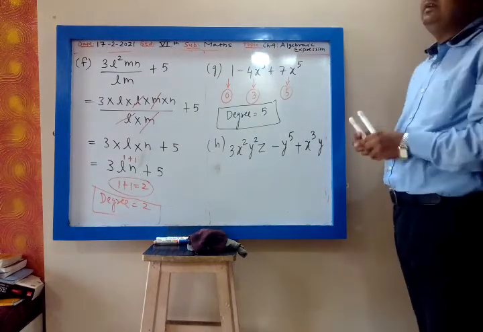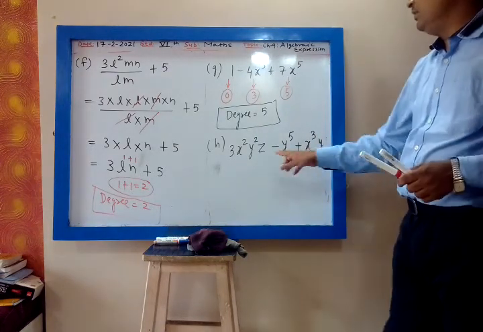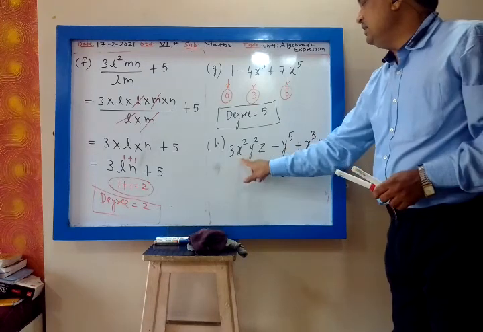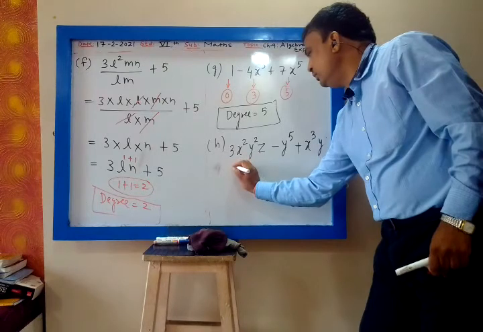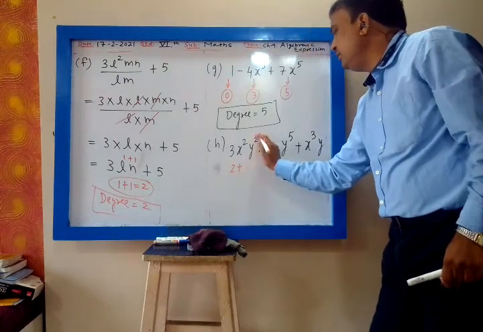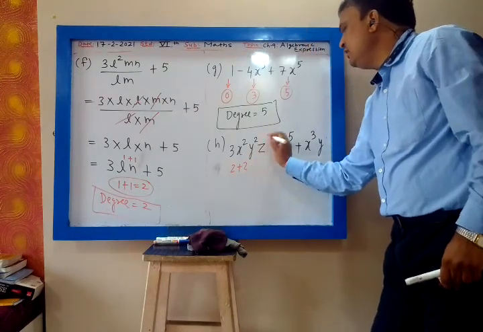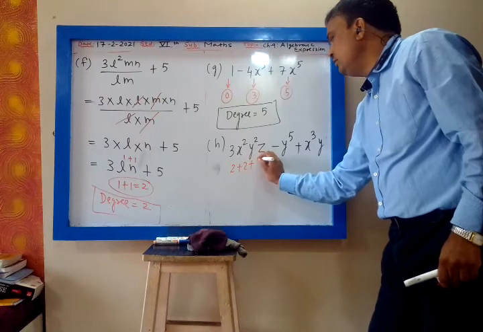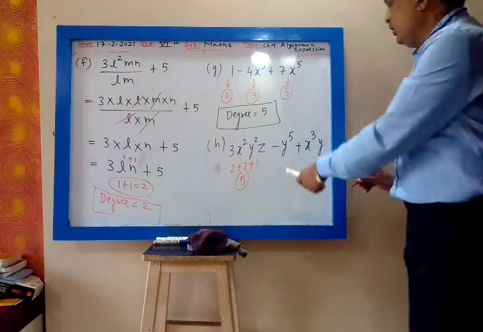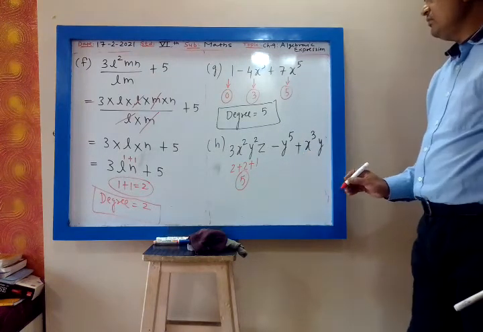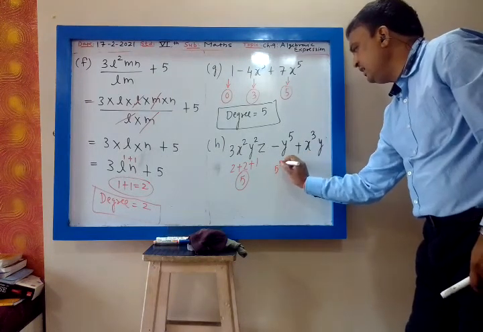Now whenever the variables are multiplied, you have to add the power. X, y, z, they are multiplied. What is power of x? 2. What is power of y? 2. What is power of z? 1. So 2 plus 2 plus 1, what is that? 5. Then power of y is 5.